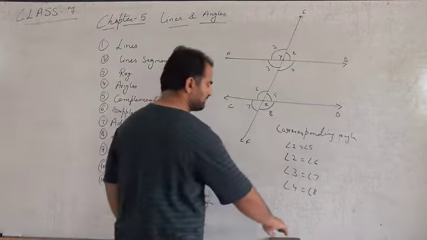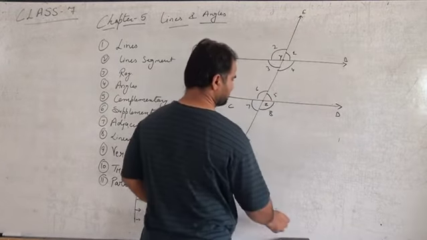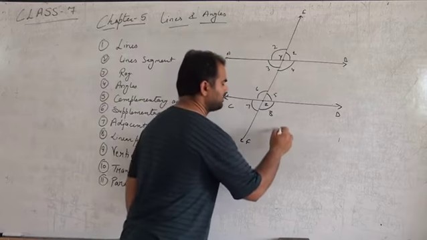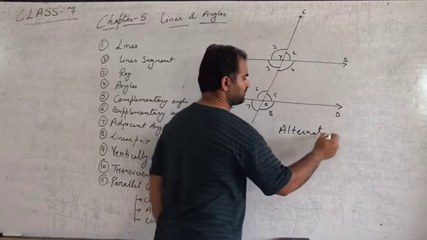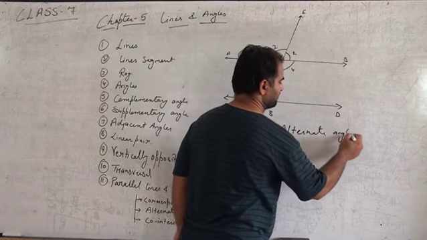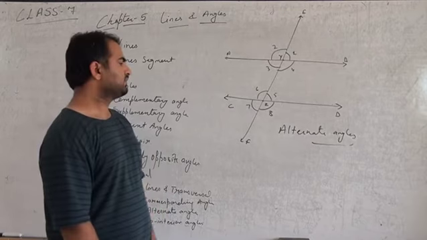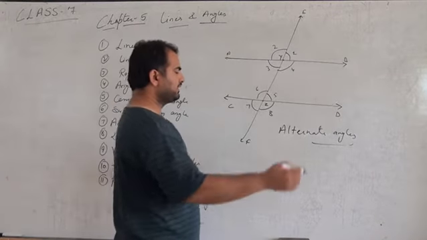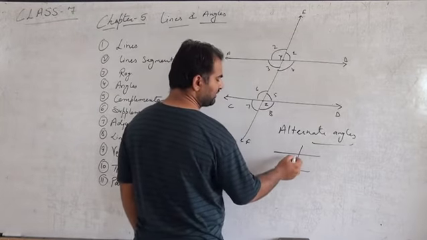Next is alternate angles. Okay. So alternate angles are when two lines are parallel and the transversal is cutting them.